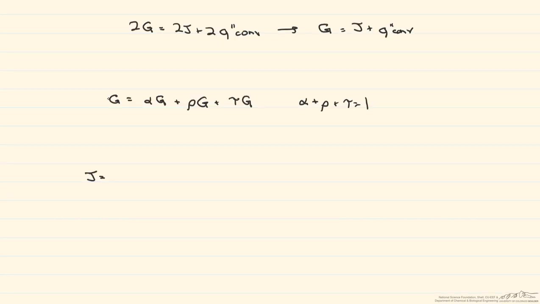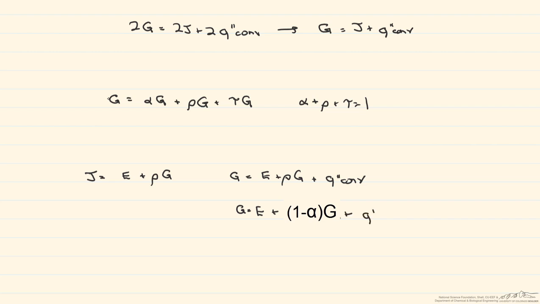So J consists of the radiation emitted by the surface, E, or emissive power, plus the irradiation that's reflected from the surface. So now we can write that G is equal to E plus rho G plus Q convection. And if we call the surface opaque, there's no transmission, so tau is equal to 0. And now we can write that G equals E plus (1 minus alpha) G plus our Q convection.